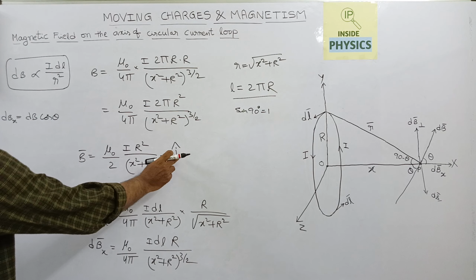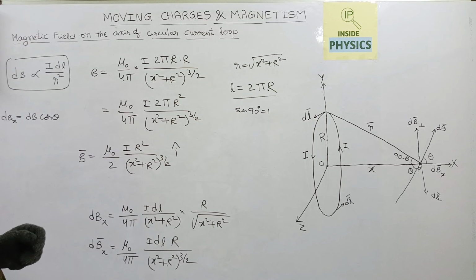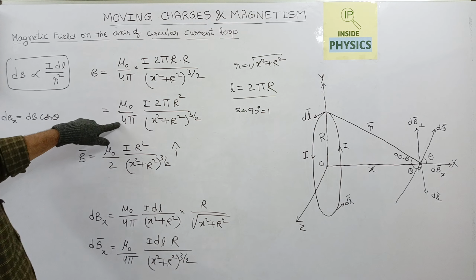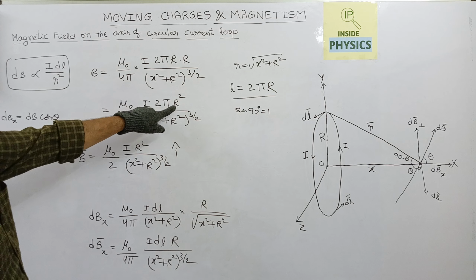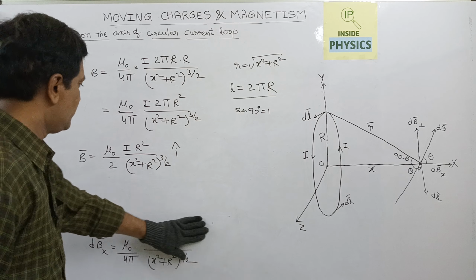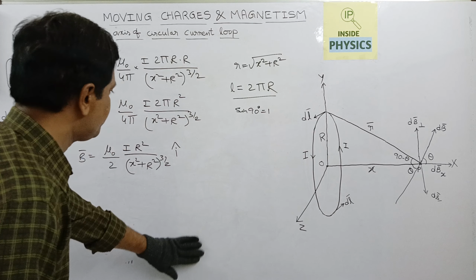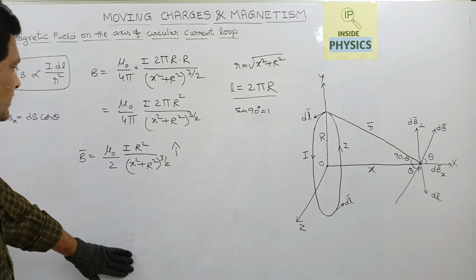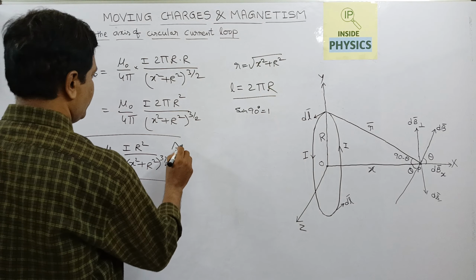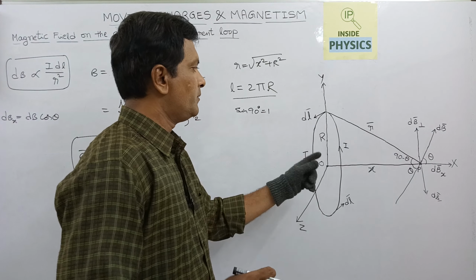This unit vector i cap will represent the direction of this entire magnetic field. If you observe, pi gets cancelled, 4 becomes 2 times, and we get mu naught I r square by this. So now this is the total magnetic field in vector form because of this current carrying loop.